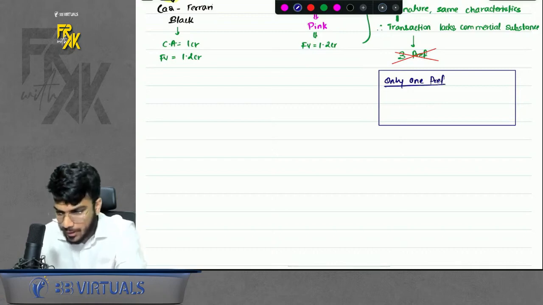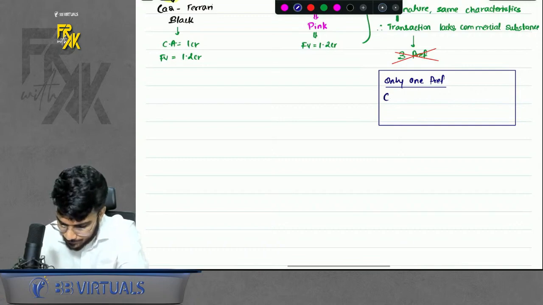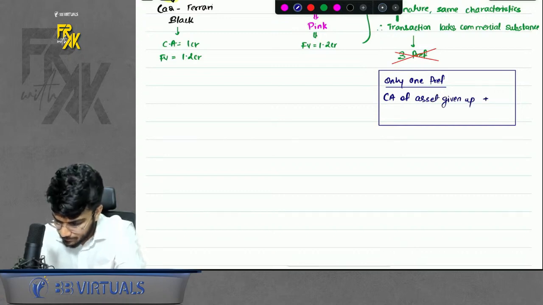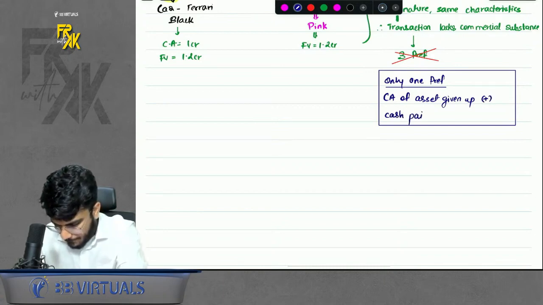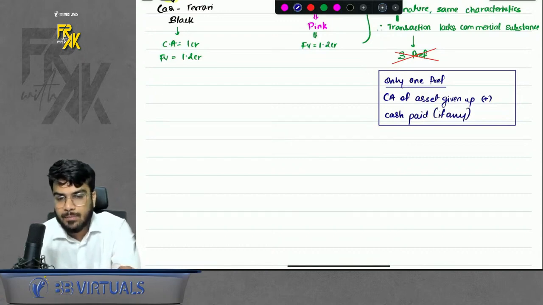And that is, you will record the incoming asset at carrying amount of asset given up plus cash paid if any.